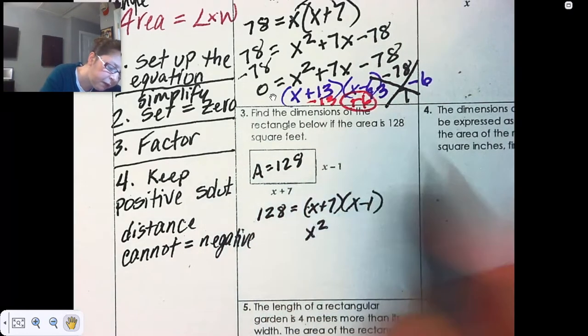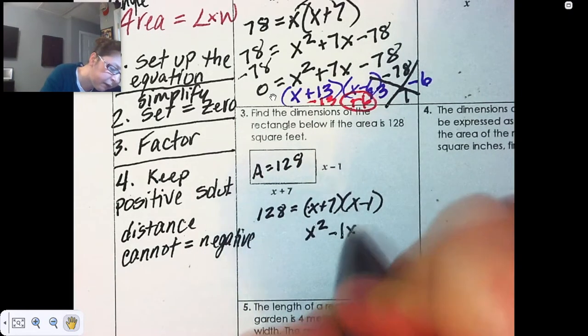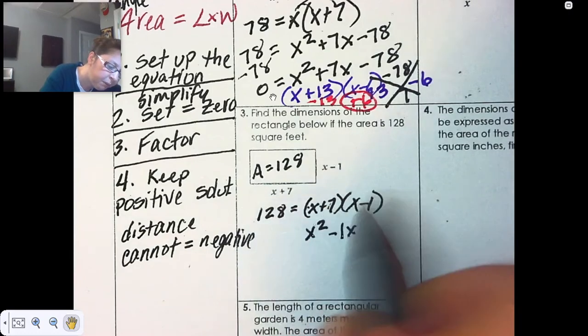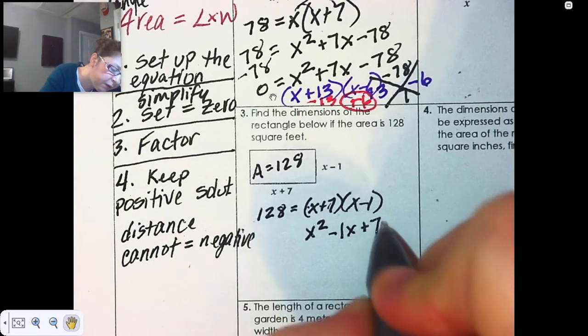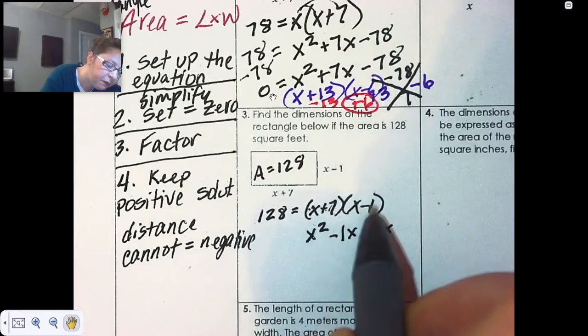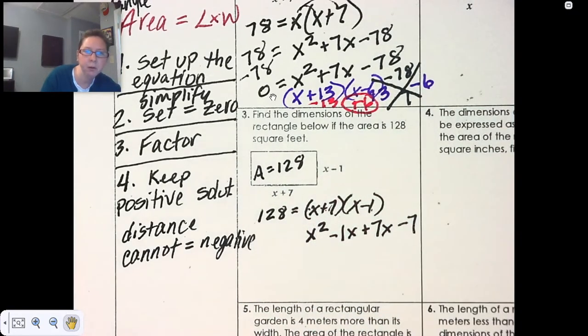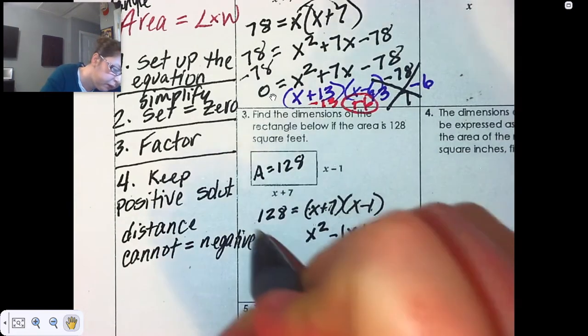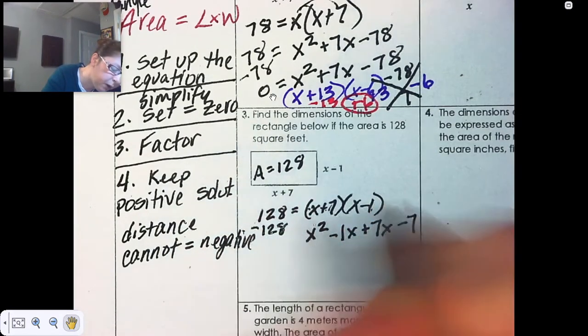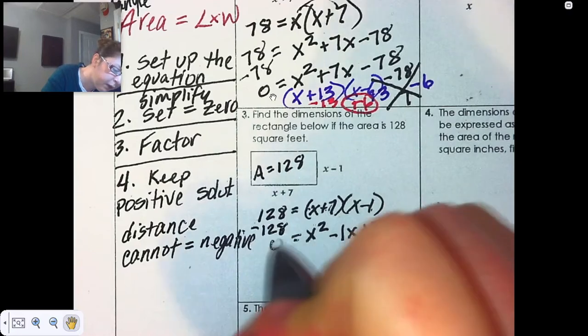X times negative 1 is negative 1x. 7 times x is positive 7x. 7 times negative 1 is negative 7. All right. And then what I want to do is I want to subtract this 128 from both sides so that it equals 0. So now it equals 0.